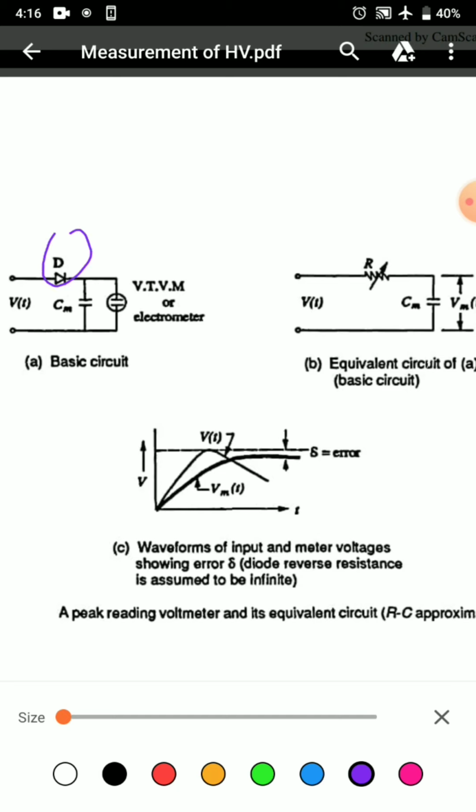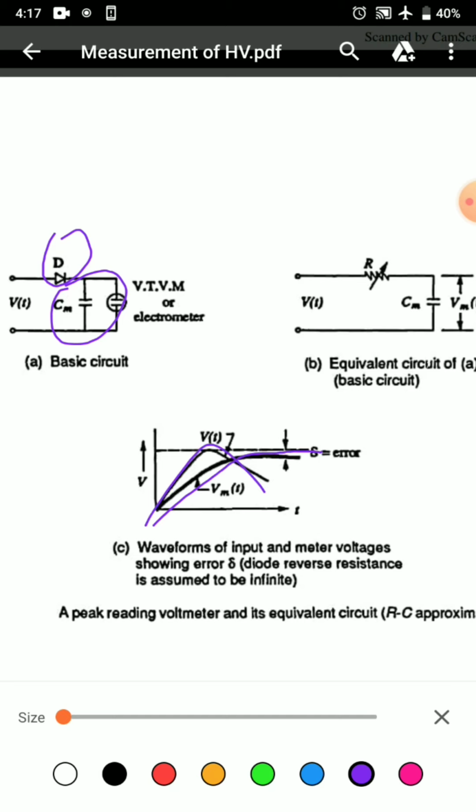Diode D conducts for positive voltage source only. When the impulse voltage appears across the low voltage arm of the potential divider, capacitor Cm is charged to the peak value of the pulse.